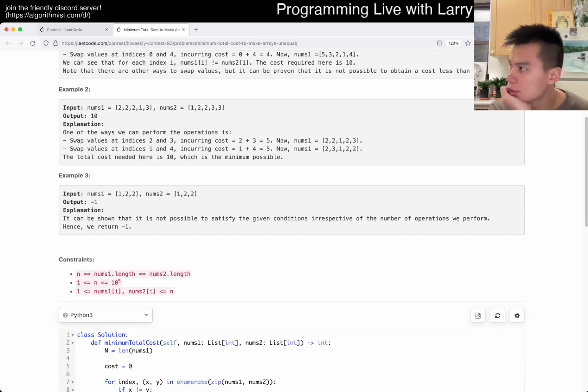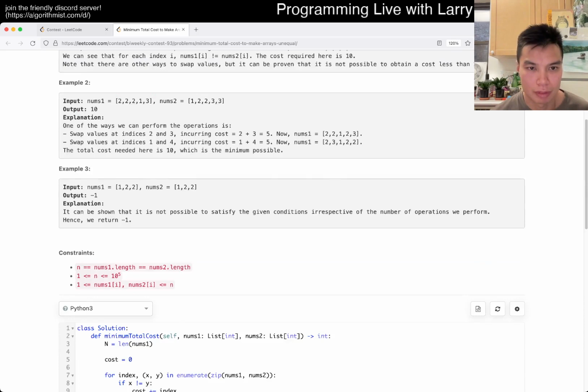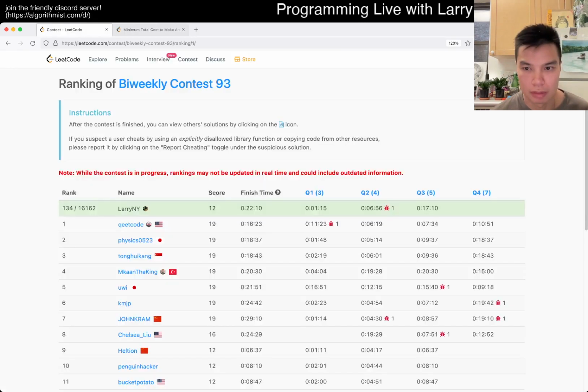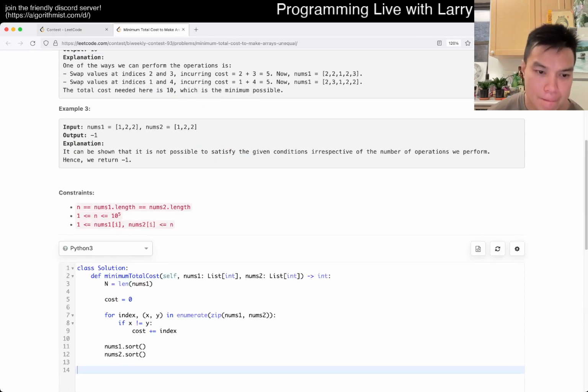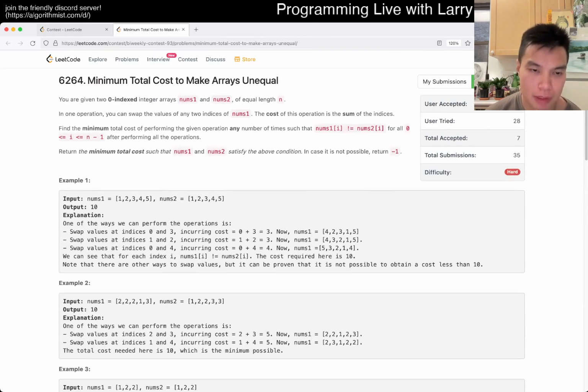Can you greedily just do? Is it just pigeonhole? You can use the zeros to swap space.